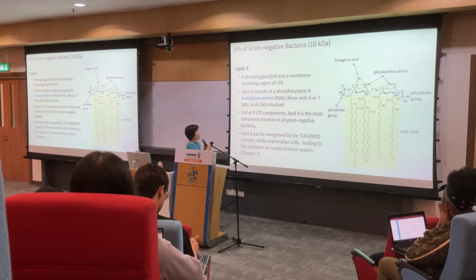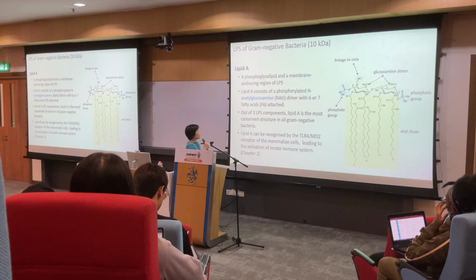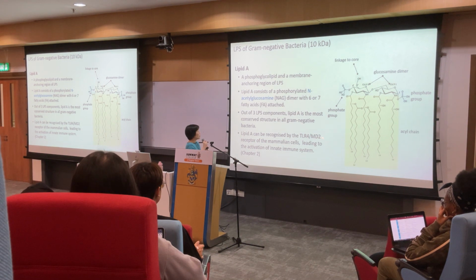As we already mentioned in our last lecture, it is highly virulent, because lipid A can be recognized by toll-like receptor 4 and also the MD2 co-receptor. Because of this recognition, it triggers our innate immune system to become inflammatory.